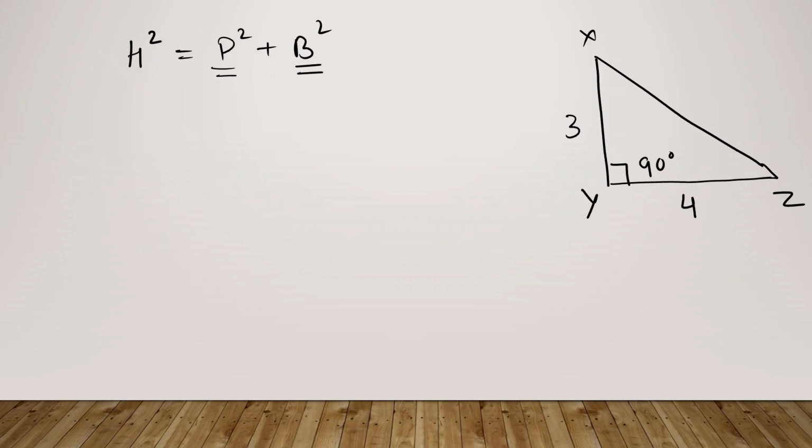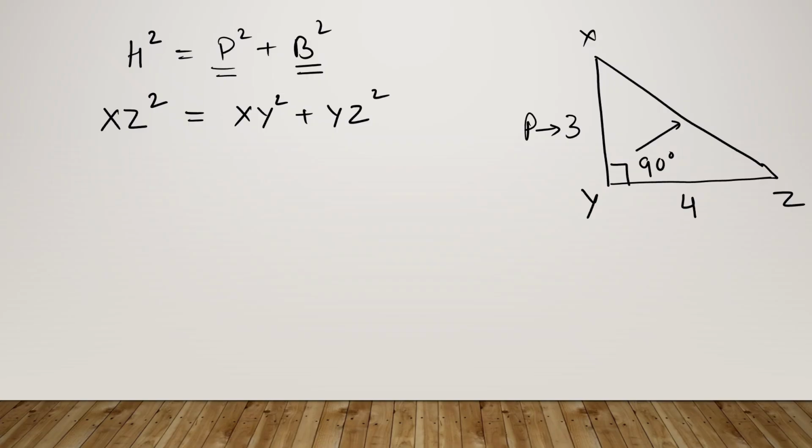It will be equal to the square of the hypotenuse. So now, hypotenuse will be equal to XZ. So now we will write it in terms of the right angle triangle, that is XZ square will be equal to, then we can consider any of the sides as perpendicular. As we consider this one as perpendicular, it will be XY square plus YZ square.